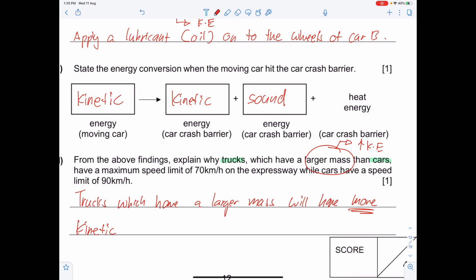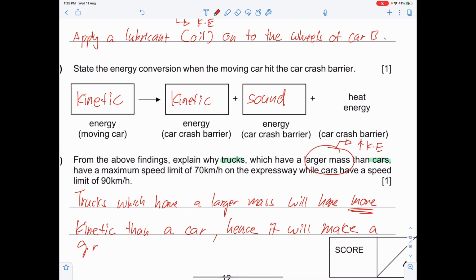So you must state what's the difference than a car. Hence, it will make a greater depression upon impact.